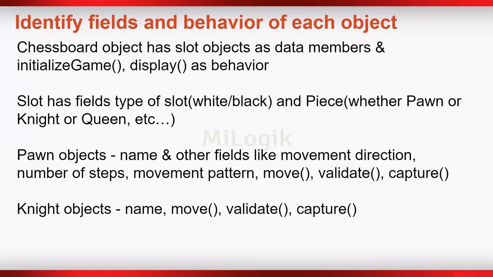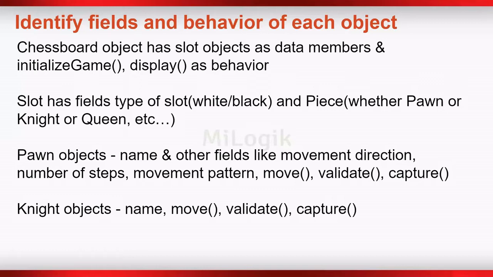The behaviors which need to be exposed from these objects are move, validate, and capture. Move is used to change the position of that specific pawn or king or any other piece. Validate is used to check if the proposed movement by the player is valid or not.